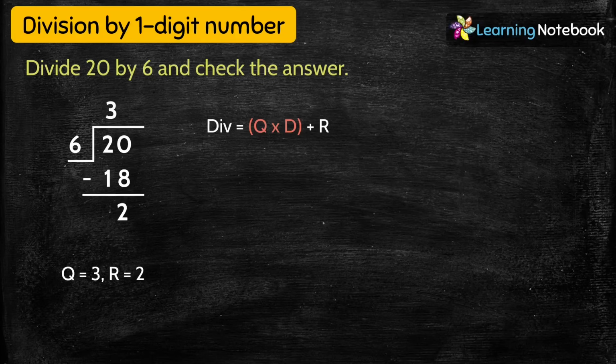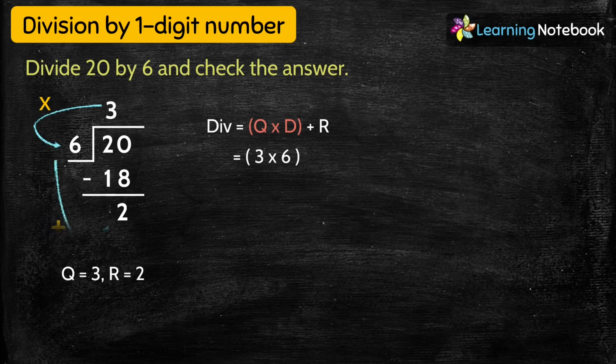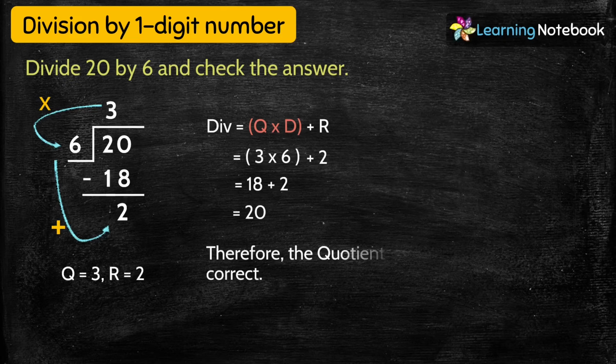Q into d is 3 into 6 plus r is plus 2. 3 into 6 is 18 and plus 2 equals 20. So we have got the dividend which is equal to the given dividend 20. Therefore, the quotient and remainder are correct.